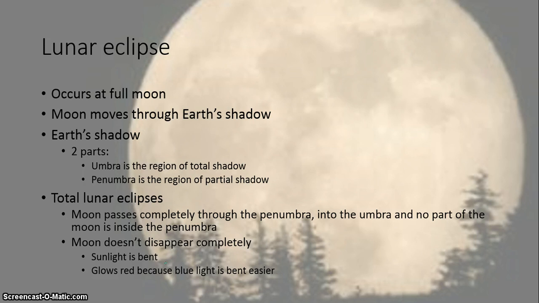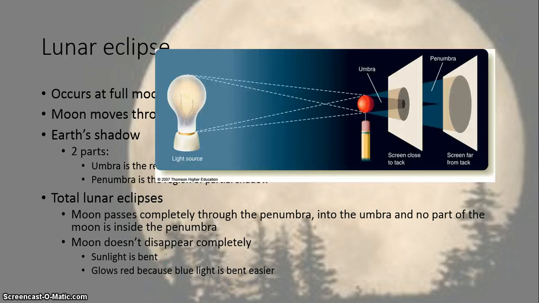And then the red light with the longer wavelengths will actually be able to penetrate through the Earth's atmosphere and the clouds, and so it hits the moon, and it shows up as a nice red color.